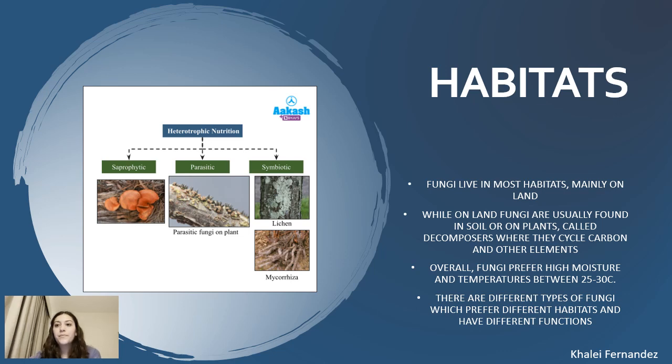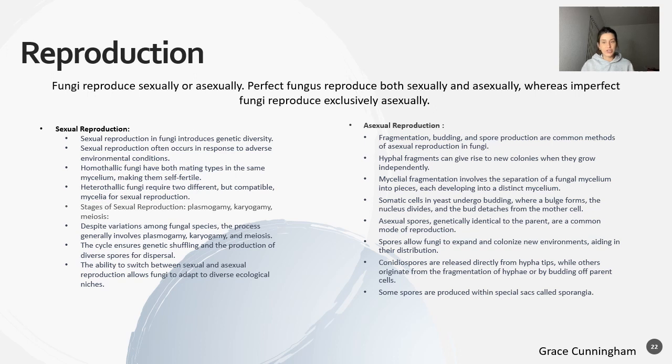Fungi reproduce either sexually or asexually, and if it is a perfect fungus, then it would reproduce both asexually and sexually, and an imperfect fungus would only reproduce asexually. So for sexual reproduction, there are two different ways a fungus can go about reproducing.